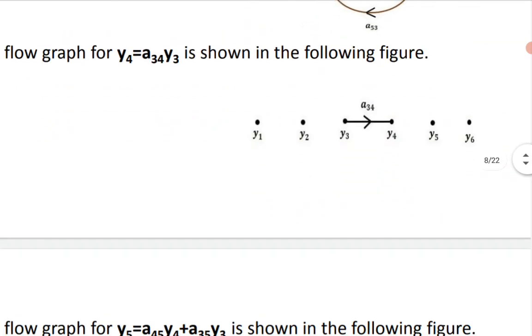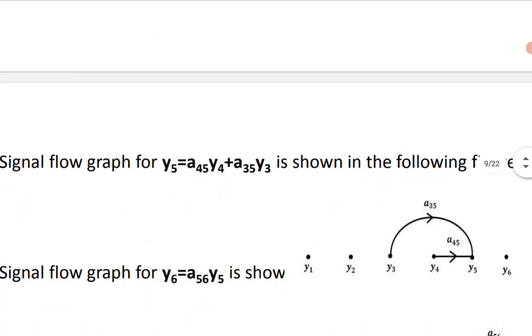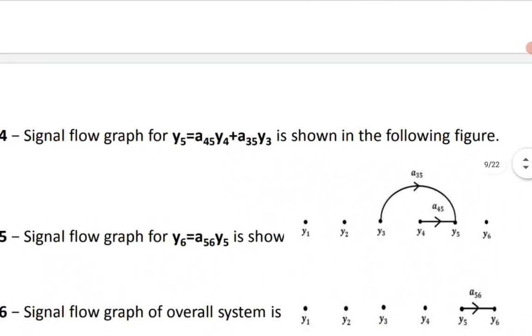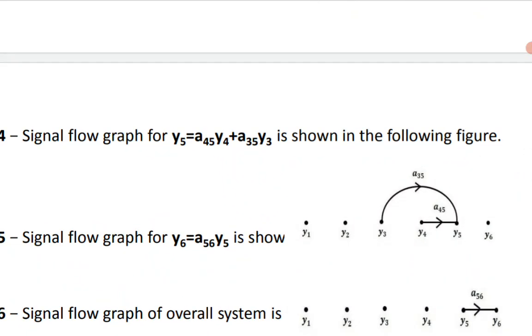Now when I am speaking of y5 is equal to a45 y4 plus a35 y3, it is between y3, y4 and y5, because y5 is my output. That's why the direct path is y5 is equal to a45 y4. Then another bypassing path, to avoid the y4 node, comes from y3, that is another forward path.